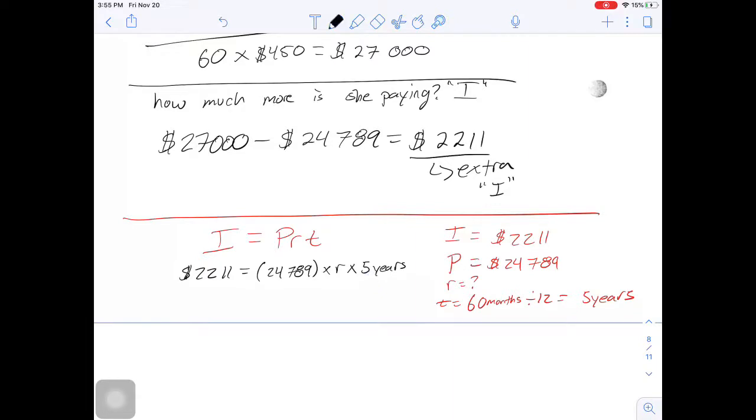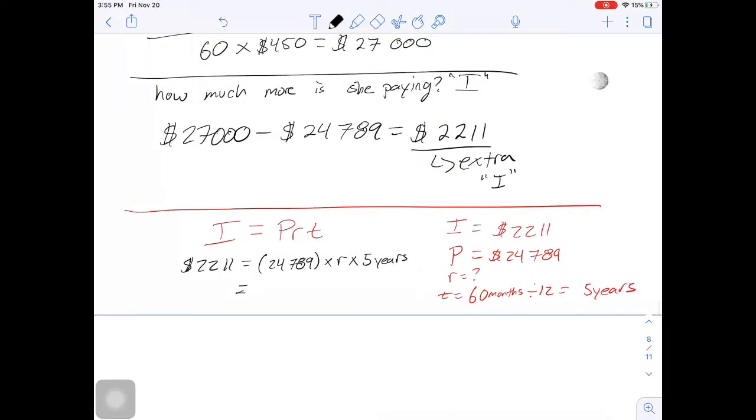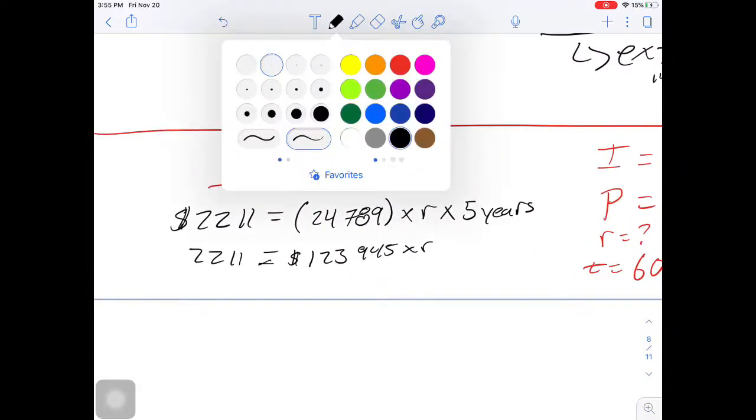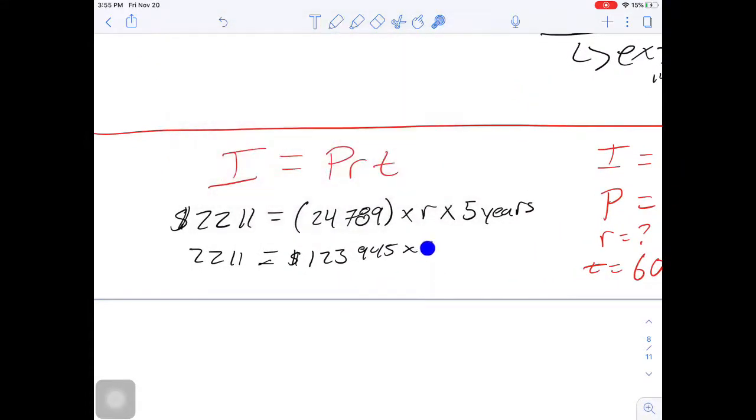And that gives me $123,945 times R. And this has stayed the same. Now, this is some really simple algebra here. How do I solve for R? Well, I divide both sides by 123,945, to move it to the other side.